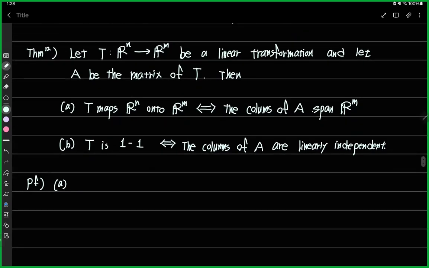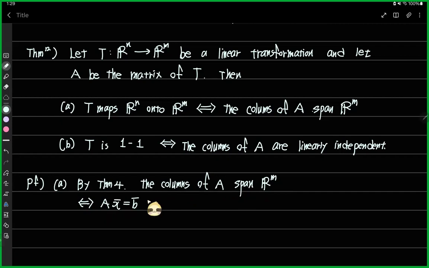By Theorem 4, the columns of matrix A span Rm space if and only if Ax equals b is consistent for all b in Rm space.